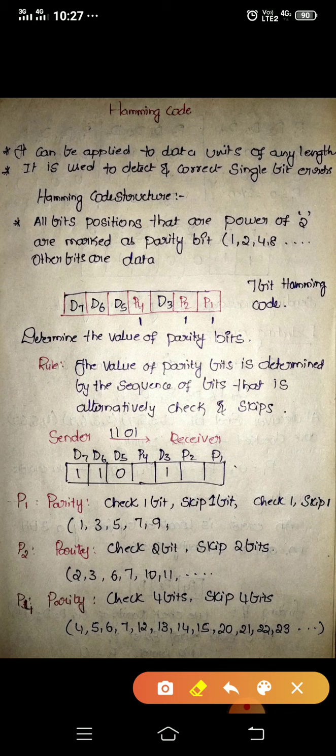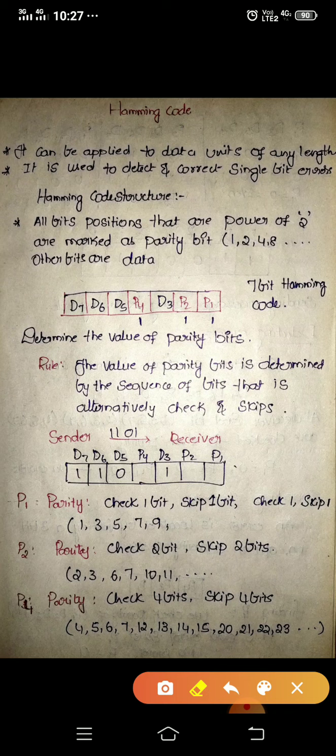Check 2 bits means starting from 2 and 3, and skip 2 bits means 4 and 5 are skipped, and the next check 2 bits means 6 and 7, and the next 2 bits skipped means 8 and 9.